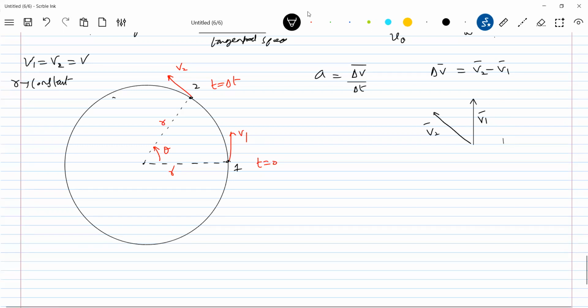V2 bar minus V1 bar. This is V2 bar, minus V1 bar, the minus V1 bar vector. This vector ends up like this. Then the delta V bar should be directed like this.